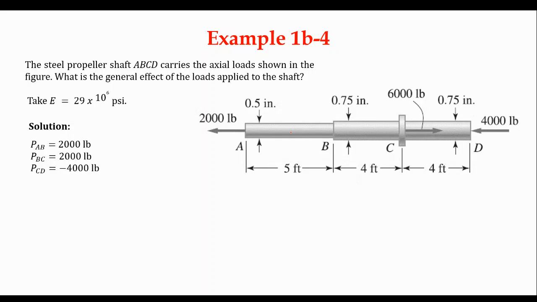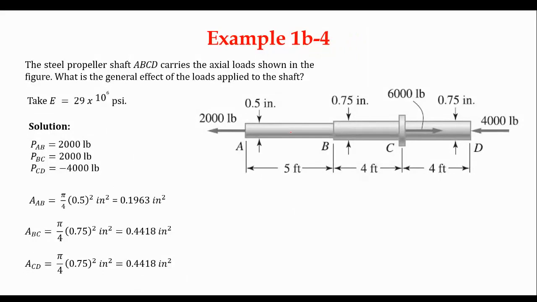Same answer. Okay, so the area per member is different, so you have to solve it for each member. Area for member AB is 0.1963 square inches, since the diameter substituted is 0.5. For BC, the diameter is 0.75, so the computed area is 0.4418 square inches. For CD, it is also 0.4418 square inches. So you solve the area member by member.